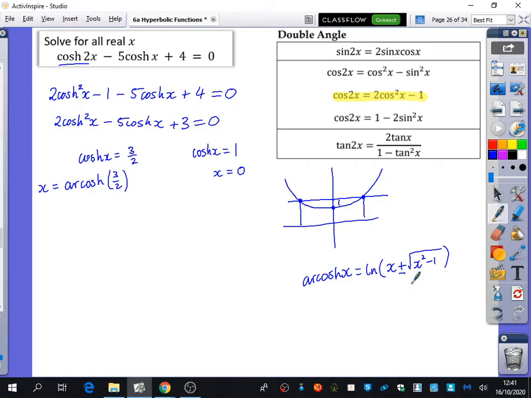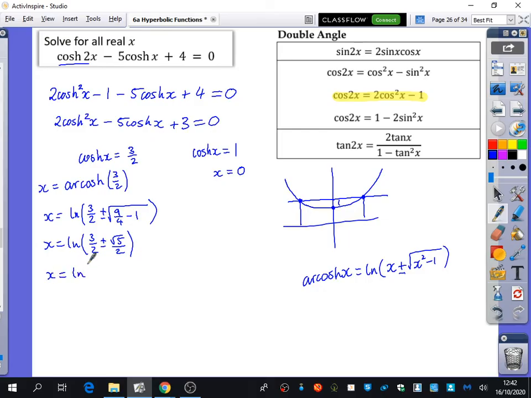So that means that x is equal to the ln of 3 over 2 plus or minus the square root of 3 over 2 squared, which is 9 over 4, minus 1, so it's just going to be 5 over 4. So x is equal to the ln of 3 over 2 plus or minus the square root of 5 over 4, which is root 5 over 2.